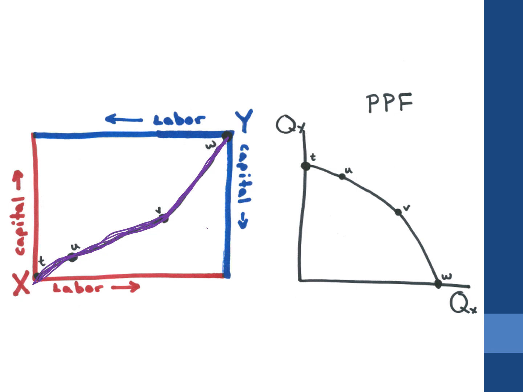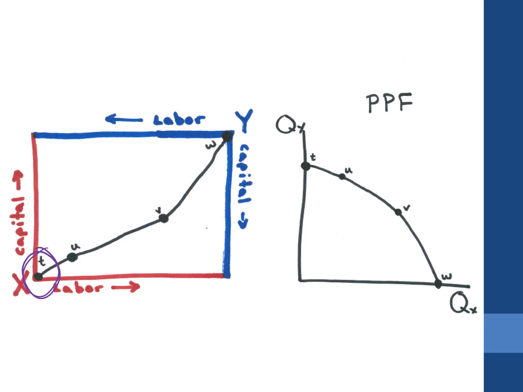And so this would be our production contract curve for all of the potential initial distributions that we could have. What we can do from this is create our production possibilities frontier. So we take our input efficiency production contract curve and we create the production possibilities frontier for our society.